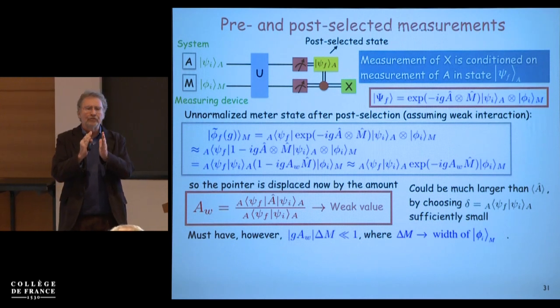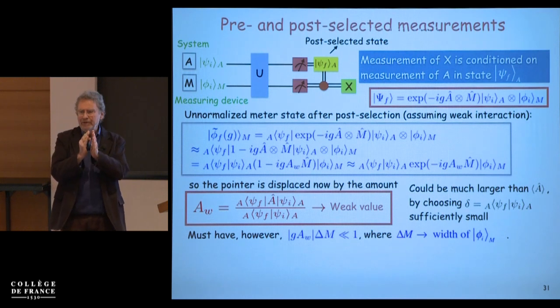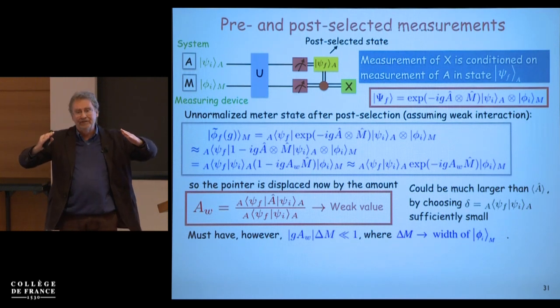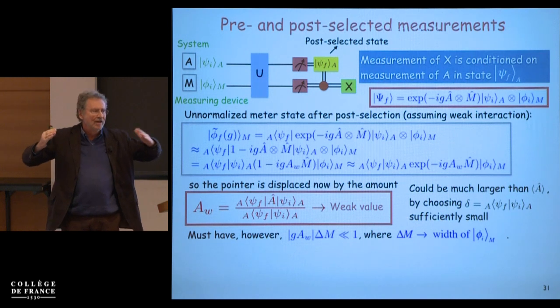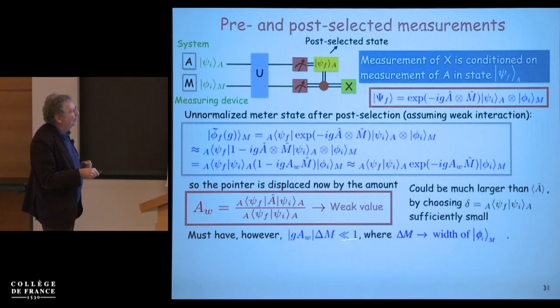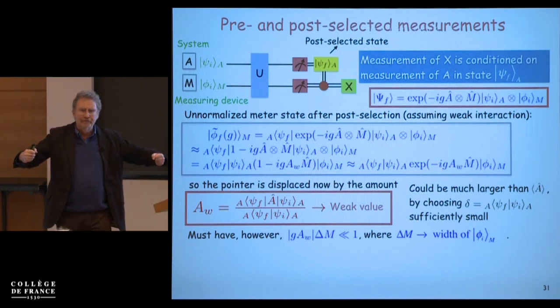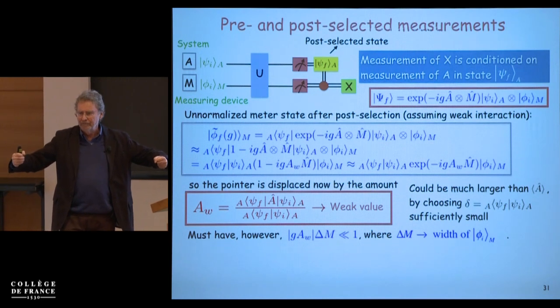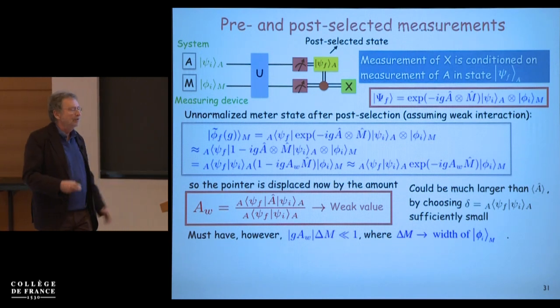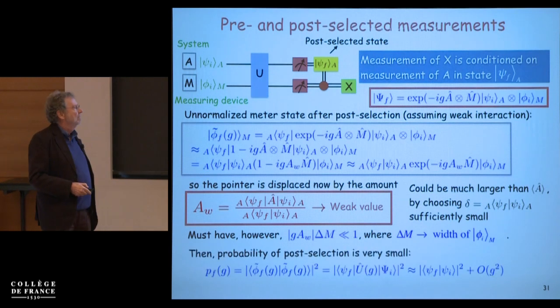Remember that the measurement uses a conjugate variable, so decreasing delta m means increasing, say, the spread in x, if m is the momentum. Okay? So that's the way to satisfy this relation and increase the weak value. You have to decrease delta m, and therefore increase the width of the wave packet for the conjugate variable, which is actually used for the measurement. That means very imprecise measurement. Okay? So that's the idea.